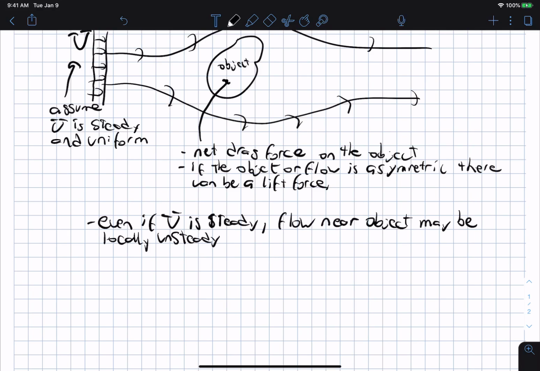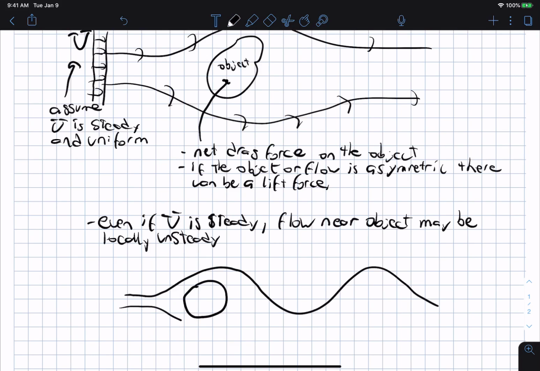I will show a movie of this later on, of something called a Kármán vortex street. Here we have an object, and this has to do with the vortex shedding, the oscillatory behavior behind a body.